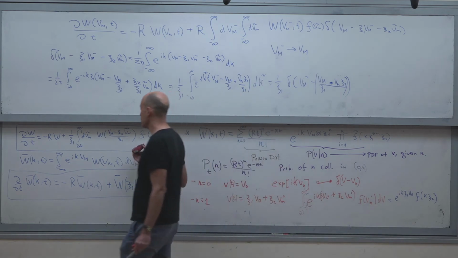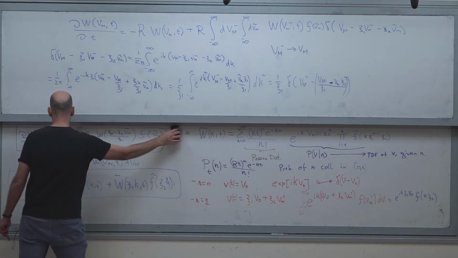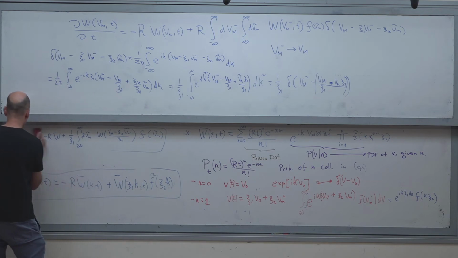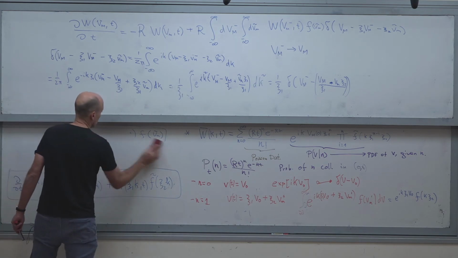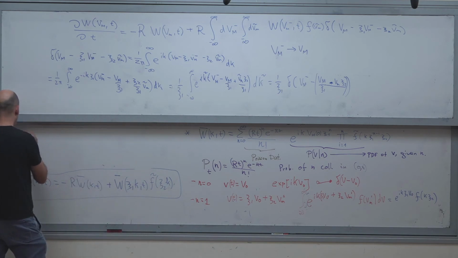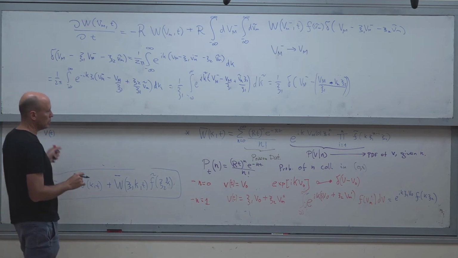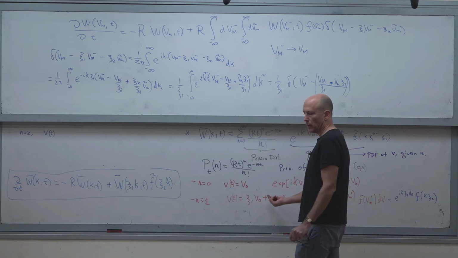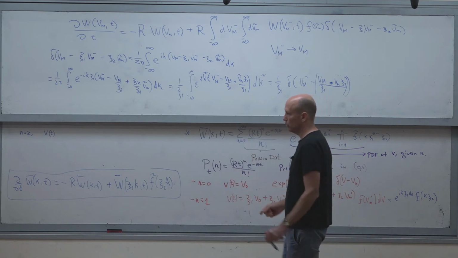Let's do one more step. Let's say n is equal to 2. Then what is the velocity at time t, again, of the tracer particle? Now I had collision 1, and after collision 1, I had another collision.